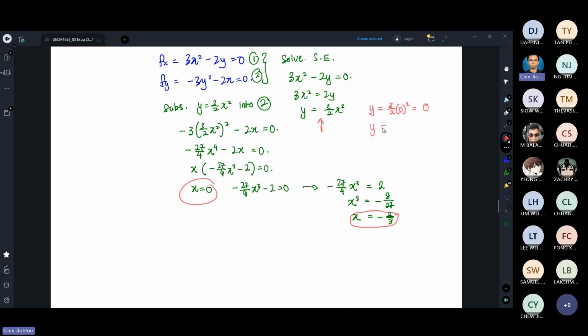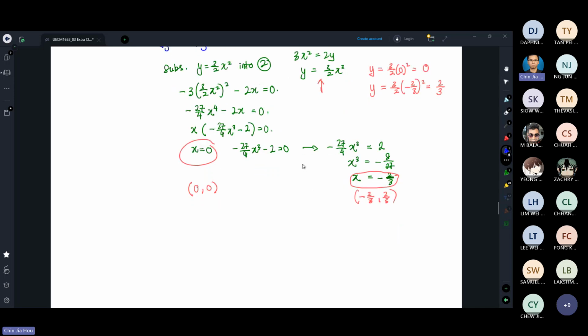When my x is minus 2 over 3, I get my y to be 2 over 3. Then I have my critical points: (0, 0) and (minus 2 over 3, 2 over 3). These are my critical points.